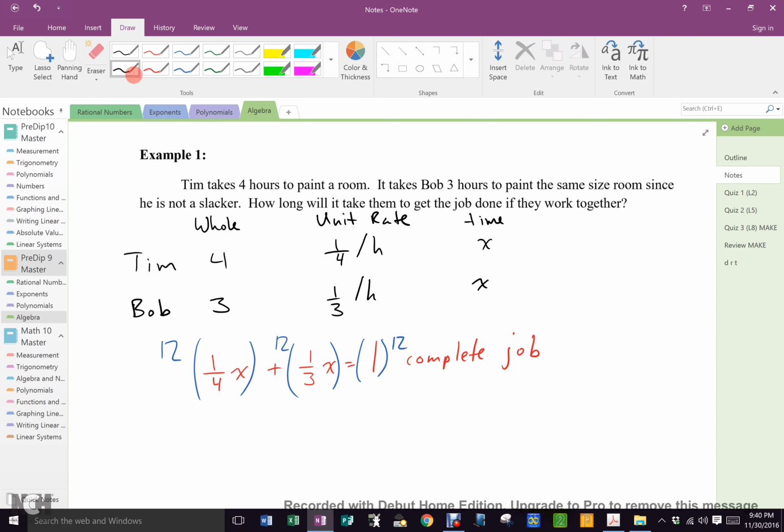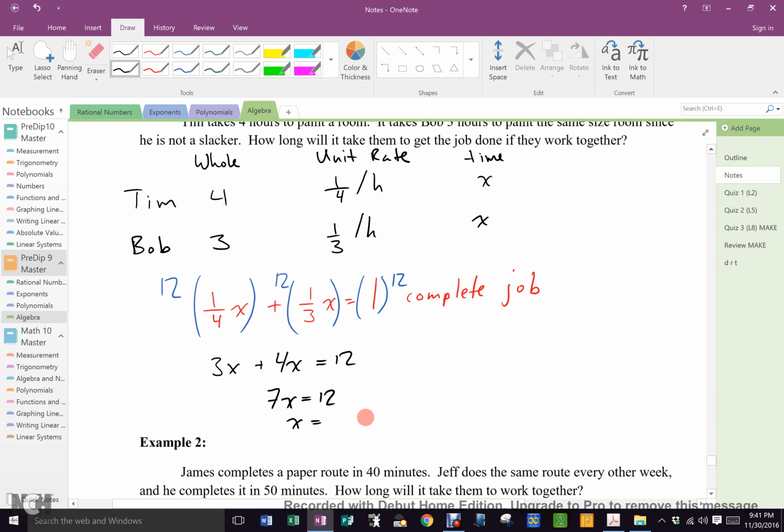To get 3x plus 4x equals 12. 7x equals 12. X equals 12/7.